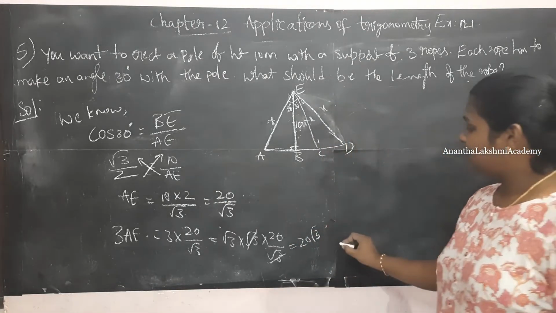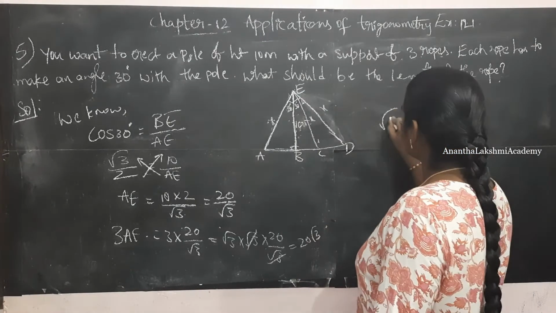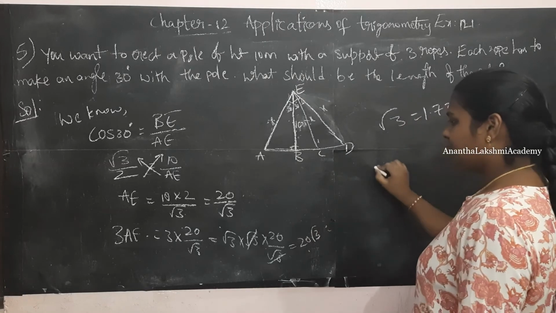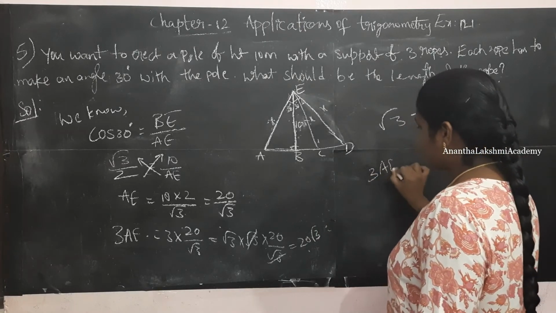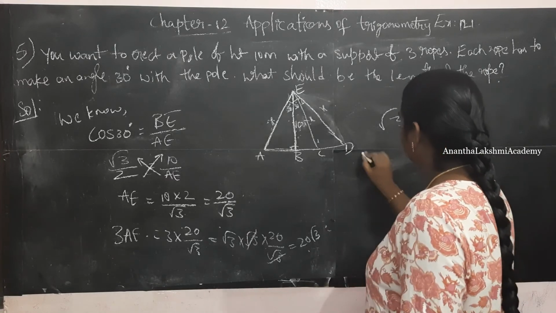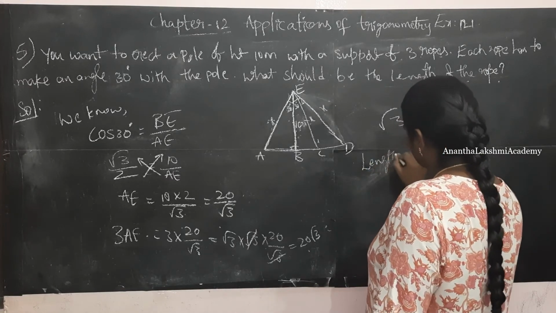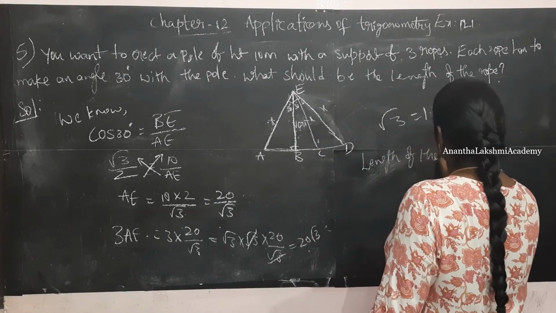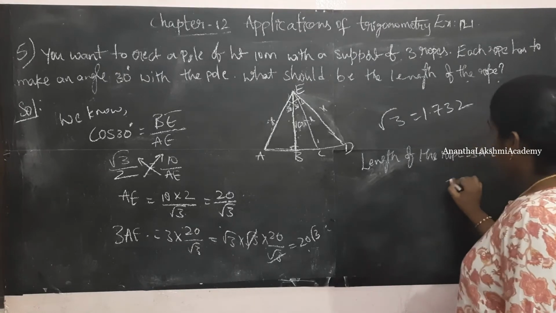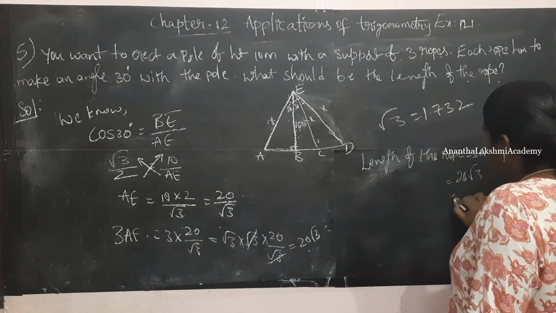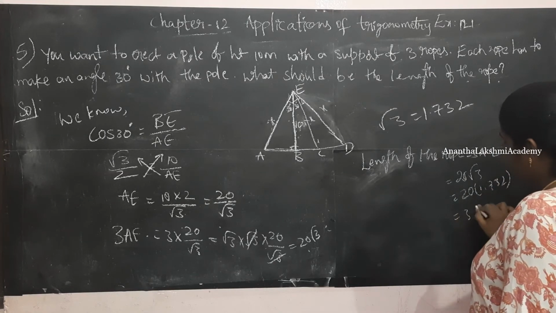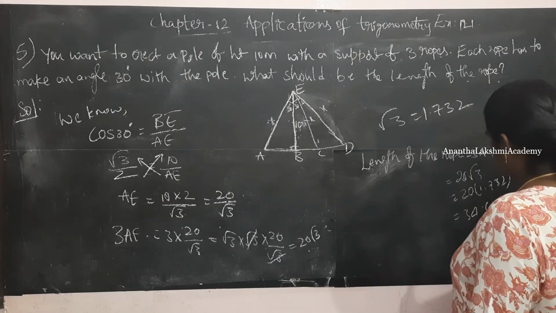What is the value of root 3? If you still want to simplify, the root 3 value is 1.732. The length of the rope is equal to 3AE, which is equal to 20 root 3, and when multiplied with the value of 1.732, you get 34.6 something.